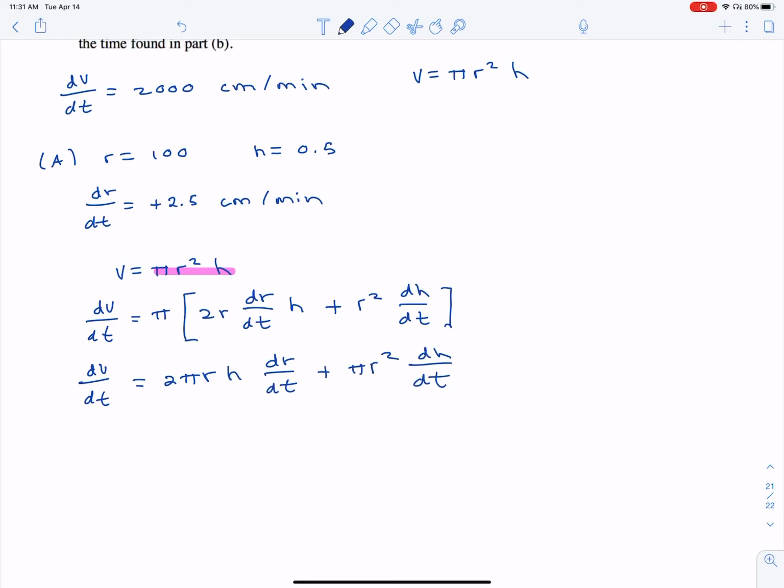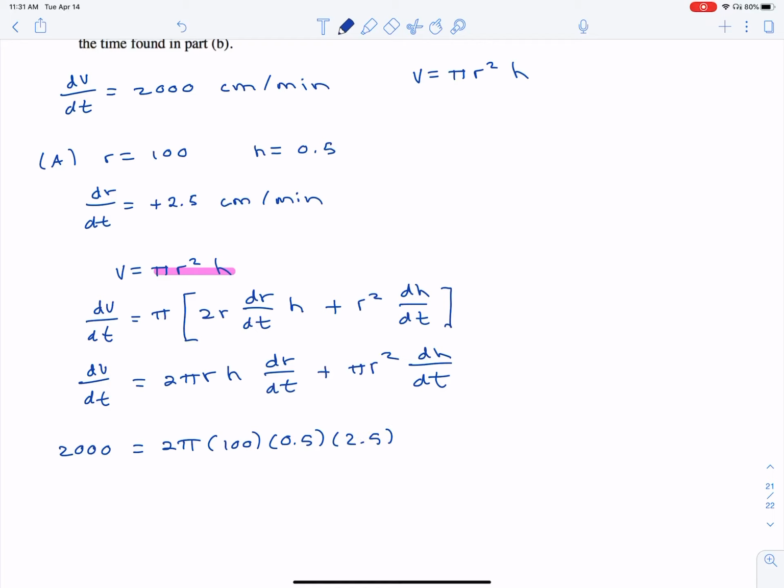Okay, now at this point, it's time to start plugging in our numbers. So dV/dt, we are told, is 2,000. And then it's 2 pi. The radius was 100, the height was 0.5, and then dr/dt is 2.5.